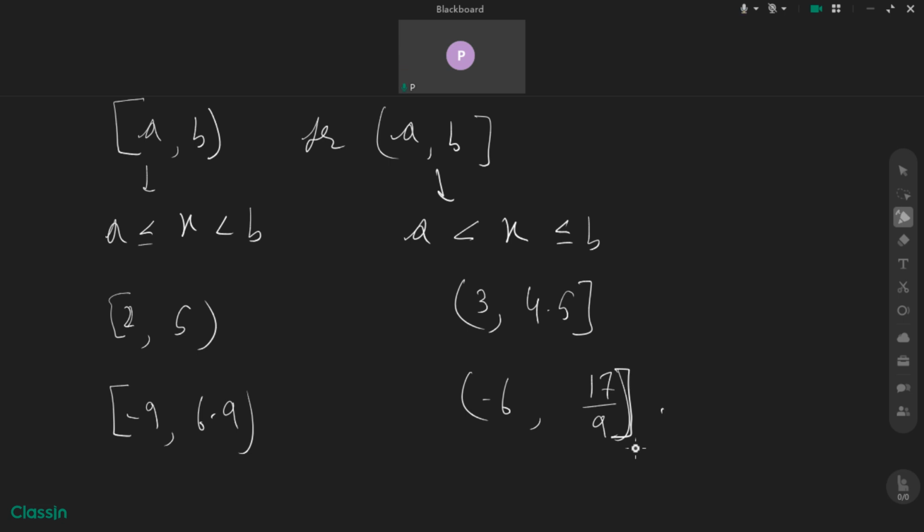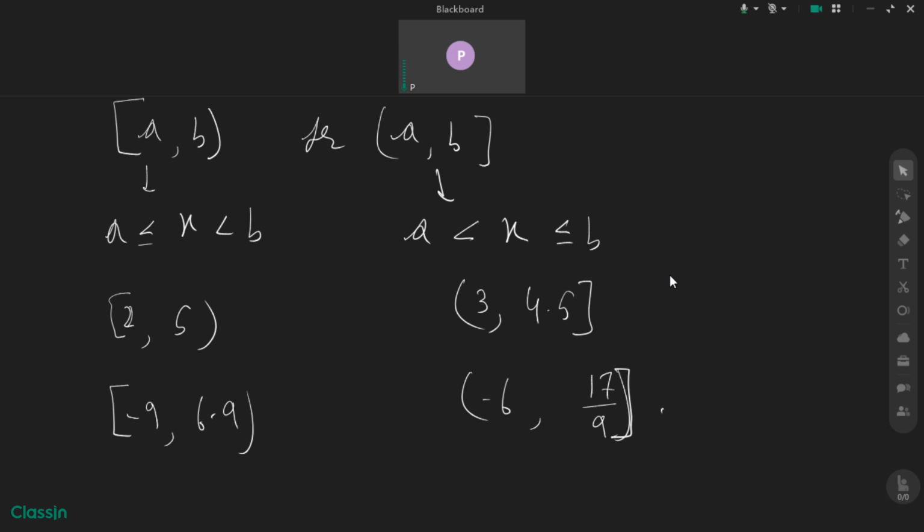So on. Similarly, we can represent an infinite number of intervals or subsets of real numbers. So in this way, we can say that intervals represent subsets of real numbers, and they can be of three types.